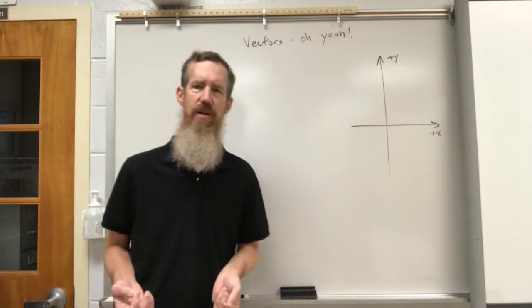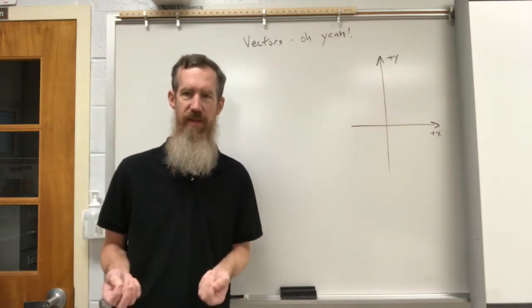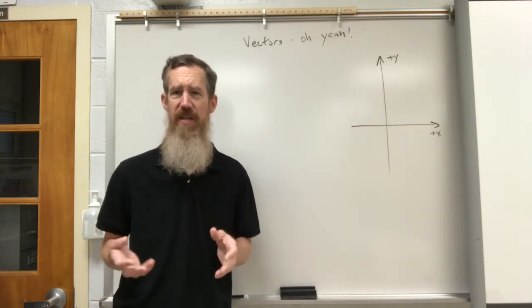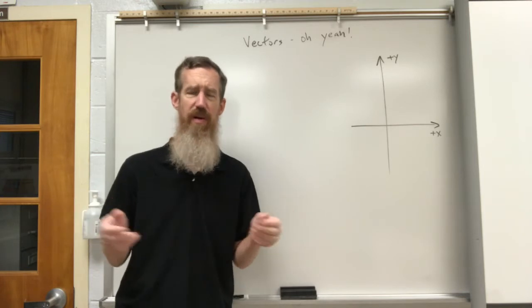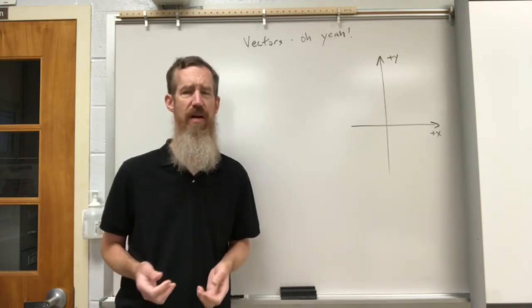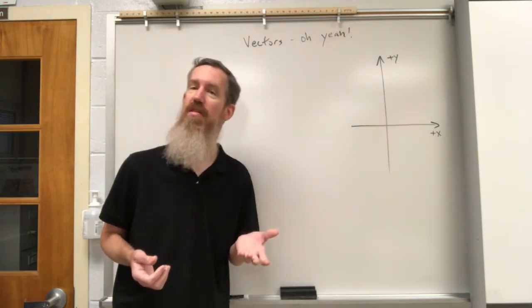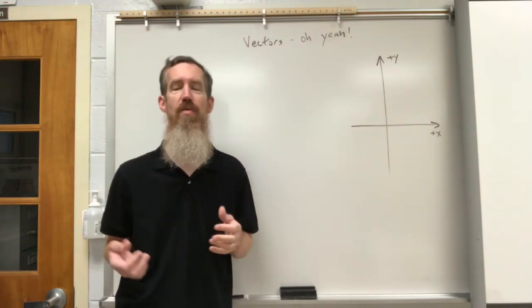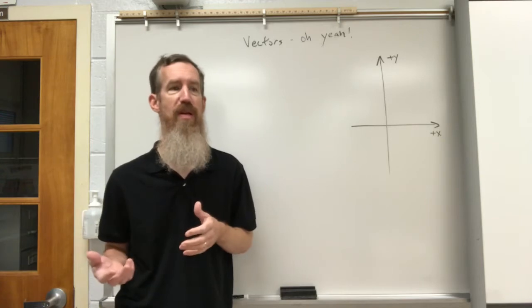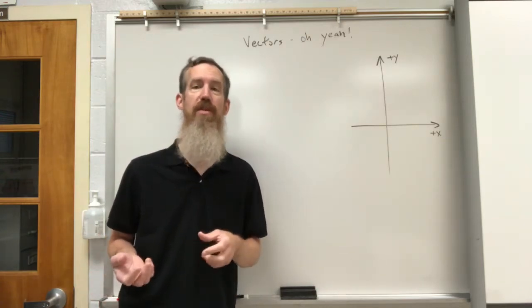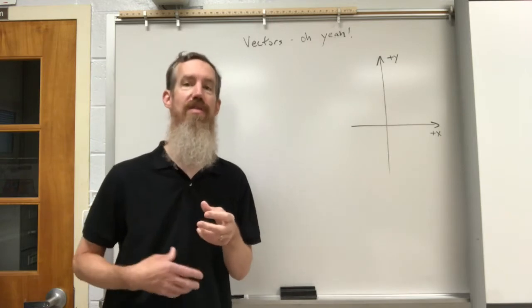A vector is a measurement that has magnitude, and magnitude just means it has a quantitative value. We are able to measure it with a scale, and direction. And so we did displacement, where we knew something would move 5 meters to the left, or the object dropped 2 meters downward.